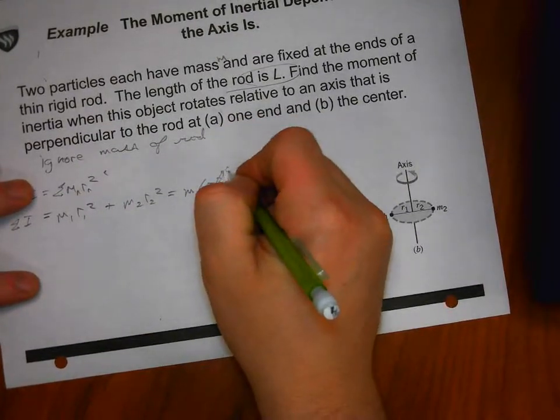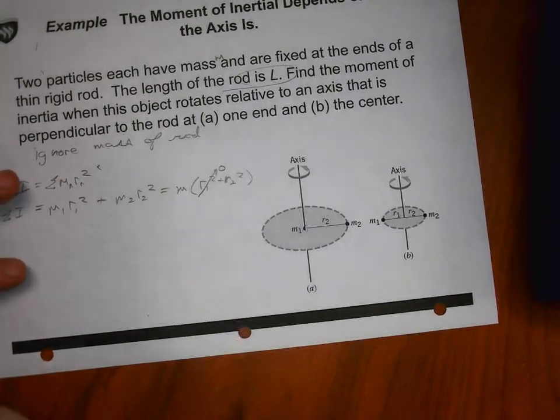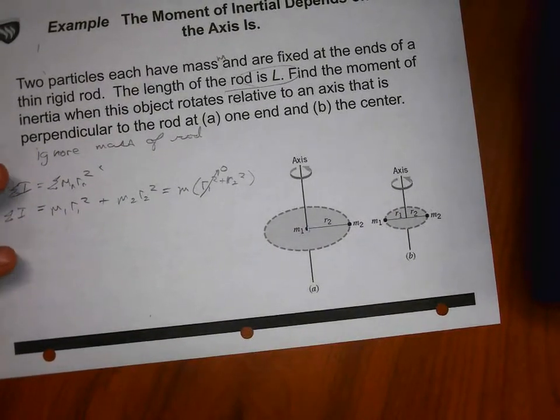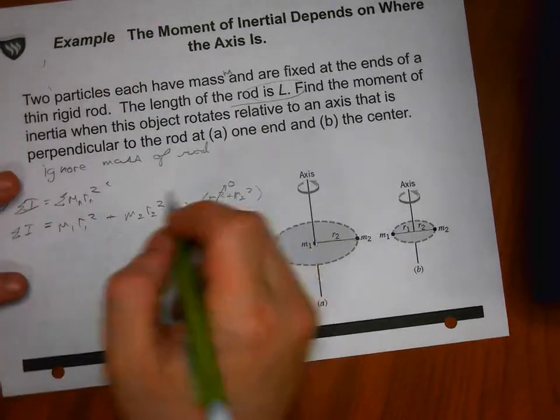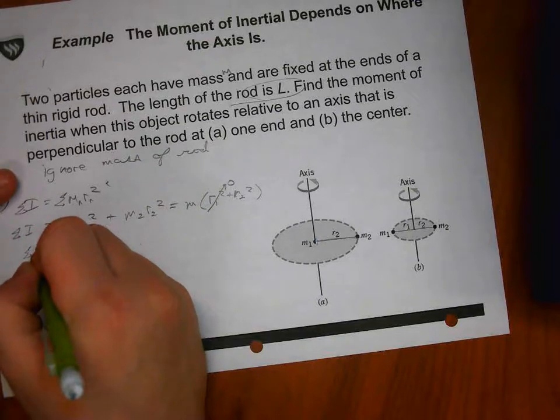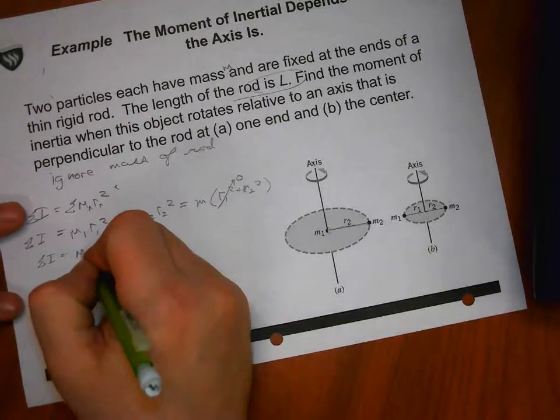R1 is 0 because the axis goes right through that, so the distance between the mass and the axis is 0. R2, however, is equal to the length of the rod. So the total moment of inertia is just ml squared.